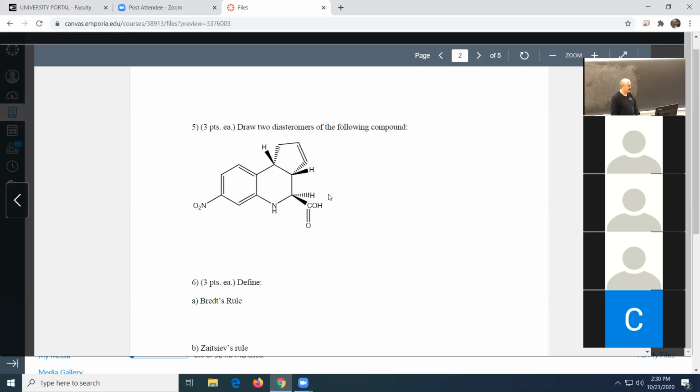There are 7 possible diastereomers here. No, I'm sorry. There's six possible diastereomers. There's one enantiomer, and then there'd be six diastereomers.